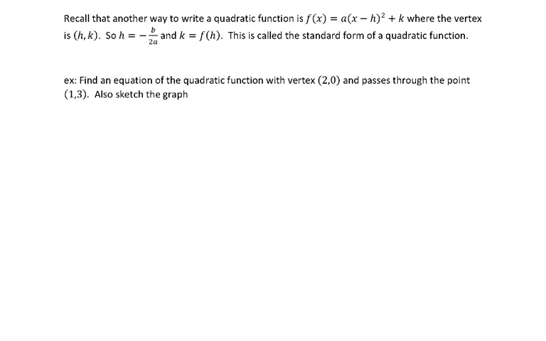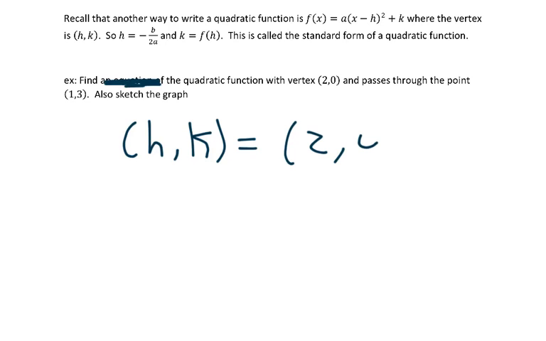But for instance, let's do this example. Let's find an equation of the quadratic function whose vertex is 2, 0, and it passes through this point. This was a typo, sorry about that. Okay, so if the vertex is 2, 0, this is saying h, k. Again, this is the vertex.